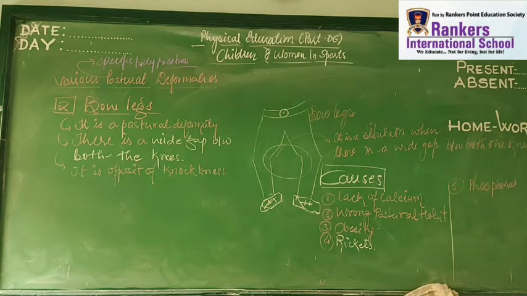Basically, bow leg is simply a normal variation in leg appearance. It is a condition of physical deformity marked by the outward drawing of the legs, that is, the knees are widened apart with the ankles touching each other. There is a distance between the lower legs and knees, opposite to knock knees.